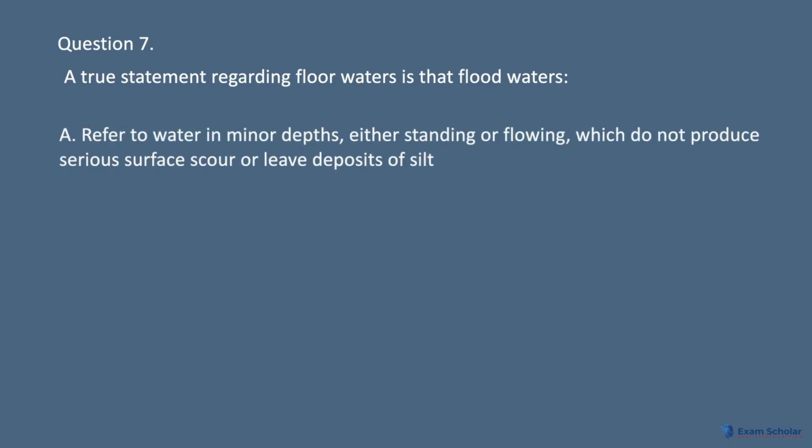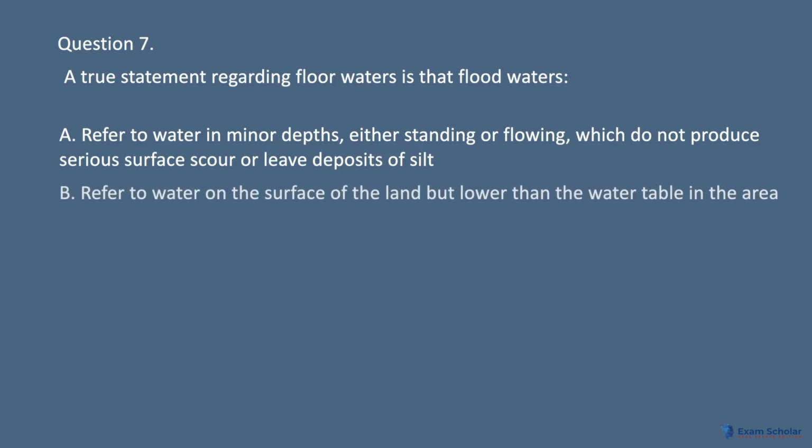Question 7. A true statement regarding flood waters is that flood waters A. refer to water in minor depths, either standing or flowing, which do not produce serious surface scour or leave deposits of silt. B. refer to water on the surface of the land but lower than the water table in the area.